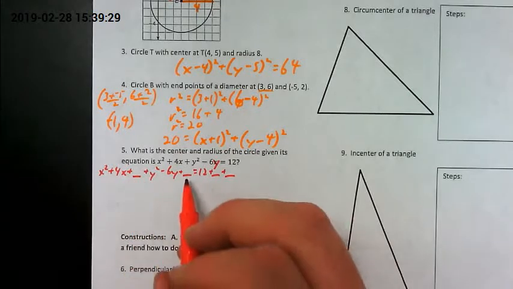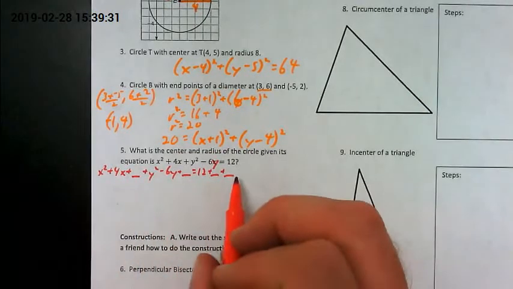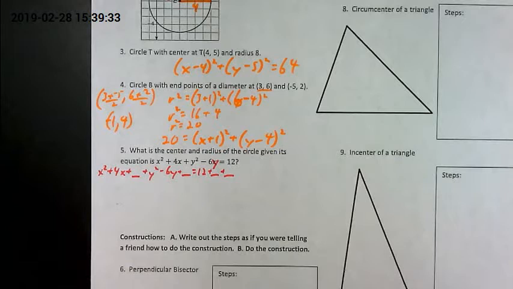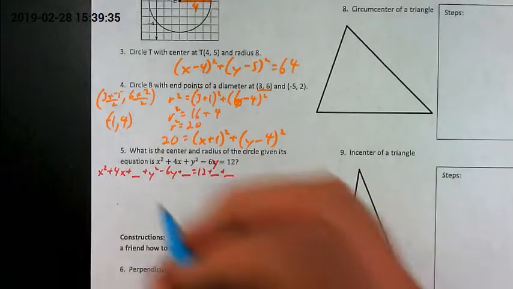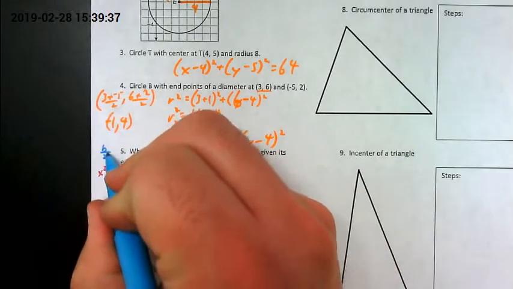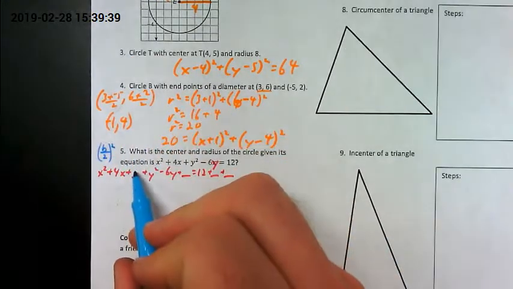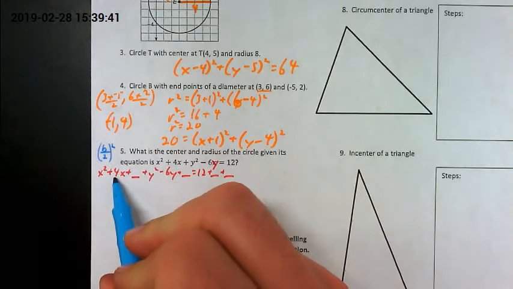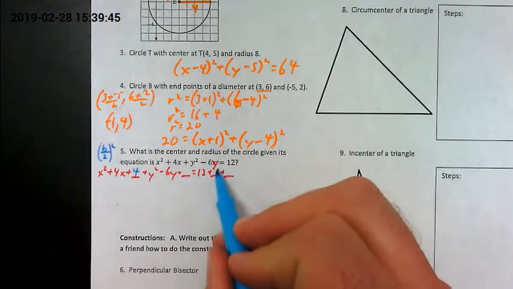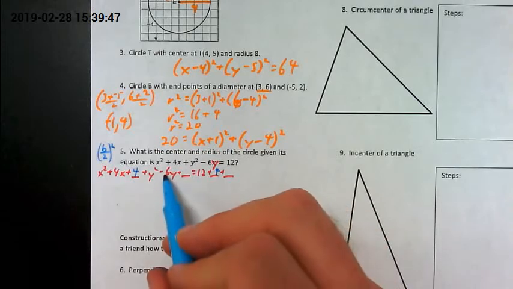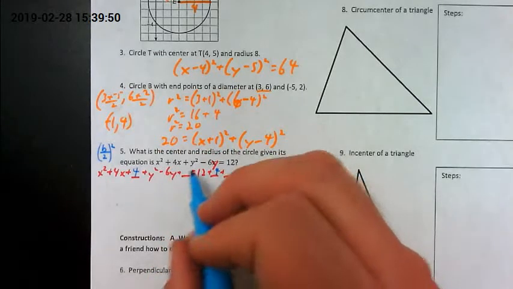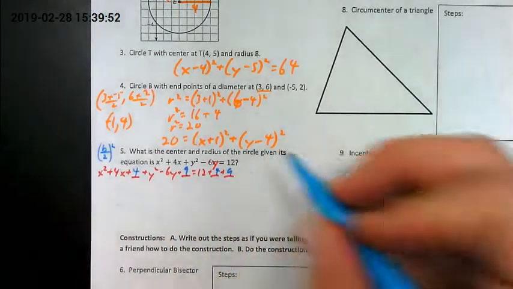A constant for the x's, a constant for the y's, and whatever we add to that side, we have to add over here. Now, how do we know what to add on? Well, again, we use the formula b divided by 2 squared to figure this out. So this is the b value for the x's. So 4 divided by 2 is 2. 2 squared is 4. So we're adding 4. -6 divided by 2 is -3. -3 squared is 9. So we're adding 9.